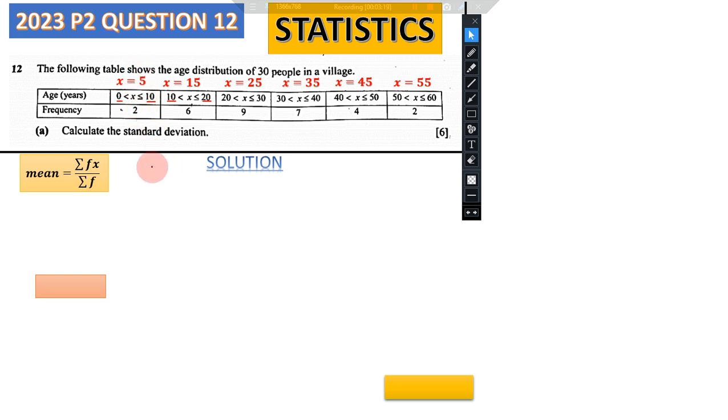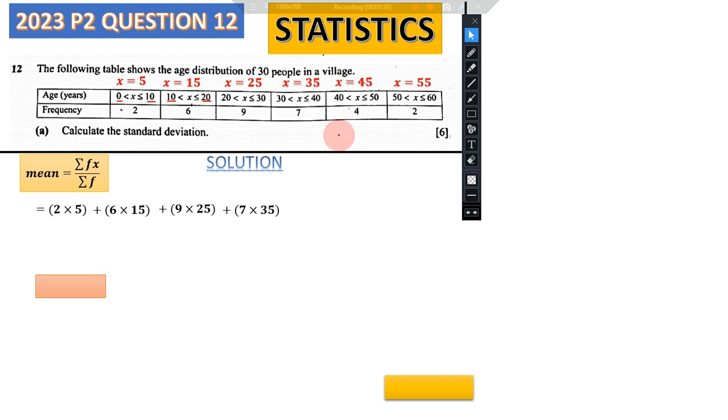The first part is 2 multiplied by 5. Put them in brackets like so. So 2 times 5 is our first bracket. Our second bracket will be 6 multiplied by 15. Then 9 multiplied by 25. The fourth bracket will be 7 multiplied by 35.